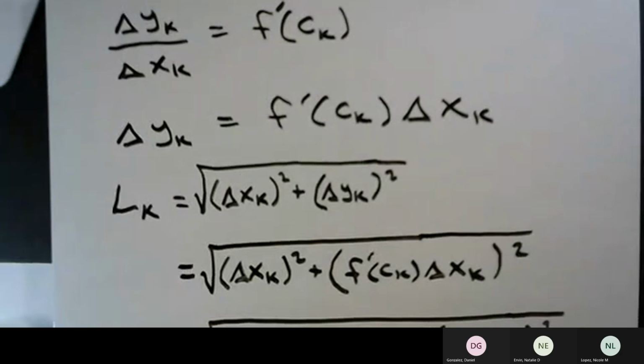Square root 1 plus f prime of x squared dx, which for us is going to be the integral from 1 to 2 of pi times 2 square root x times the square root of 1 plus 1 over square root of x squared dx.